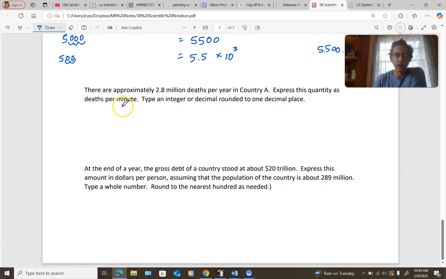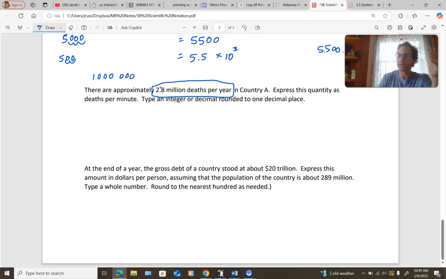Okay. So I'm going to start off with what we're given here, guys. 2.8 million deaths per year. Now 2.8 million, a million has 6 zeros. So it's a 1 followed by 6 zeros.